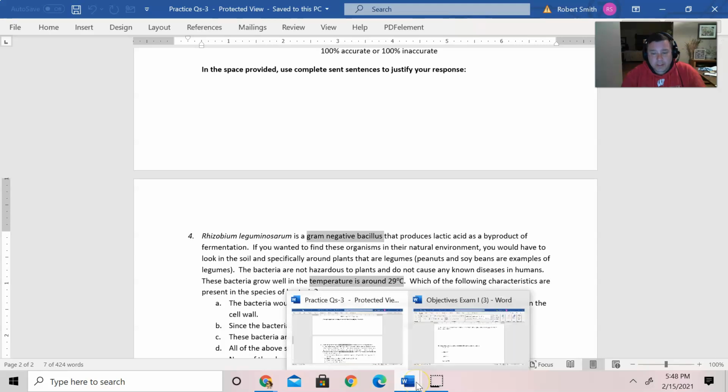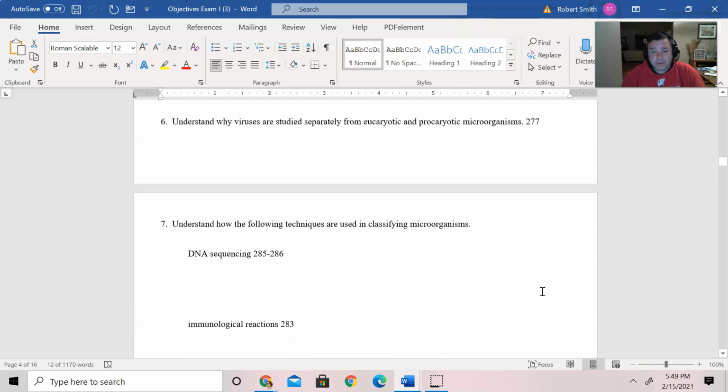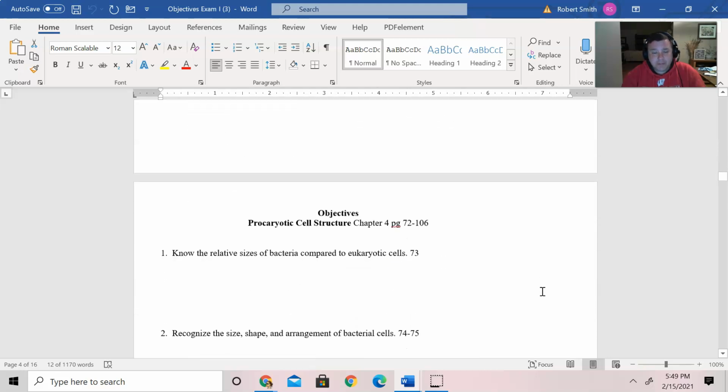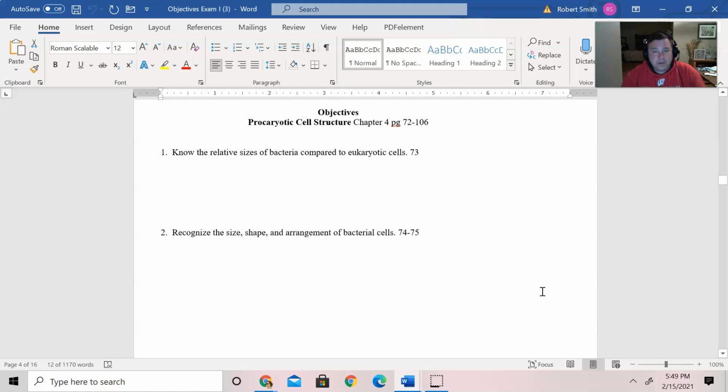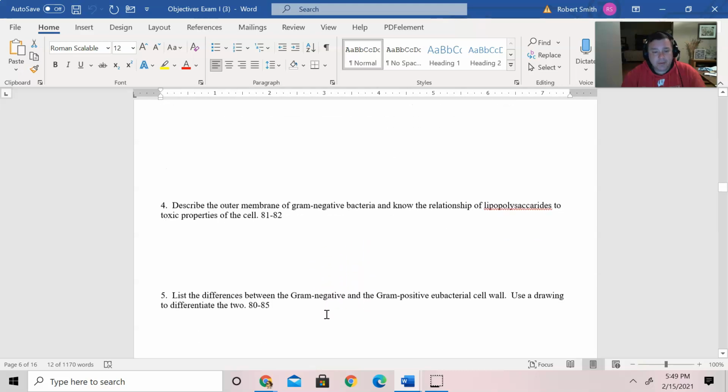So taking a look here at, again, the objectives, all right? Because people ask me the question, where do these objectives come from? So right here is a little prokaryotic cell structure. With that, describe the bacterial cell wall and understand the role of the peptidoglycan in its structure. Number 4, describe the outer membrane of a gram-negative bacteria and know the relationship of the lipopolysaccharides to the toxic properties of the cell wall.